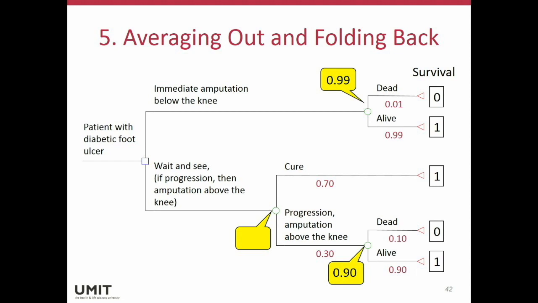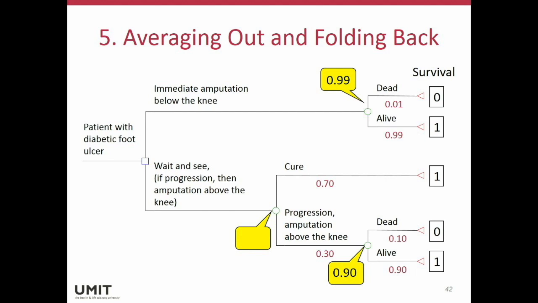So the two branches, dead and alive in the lower branch, are now folded into the yellow bubble 0.90. They're gone. So now the next bifurcation is cure, leading with a 70% chance to a 1, and progression, leading with a 30% chance to an outcome of 0.90, an expected value of 0.90.